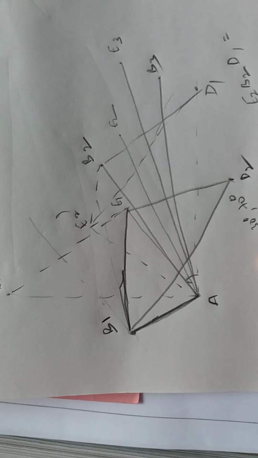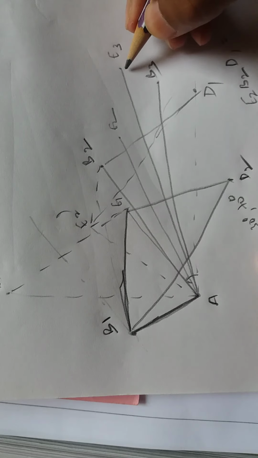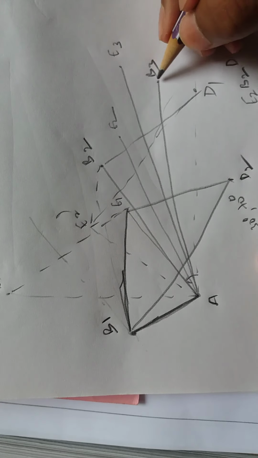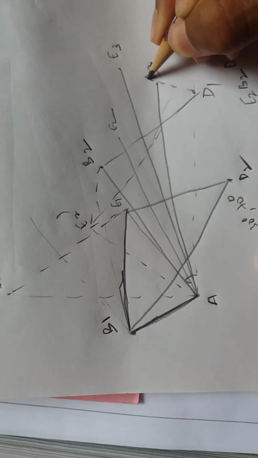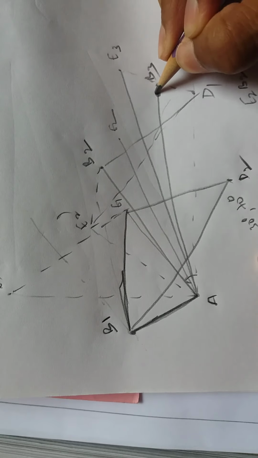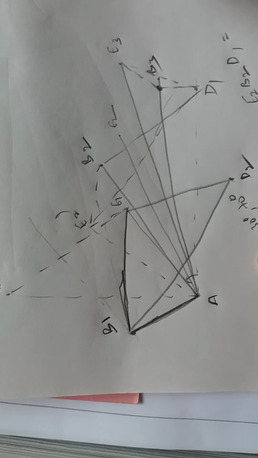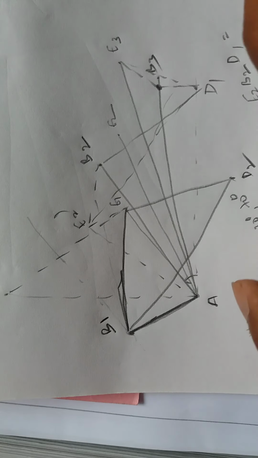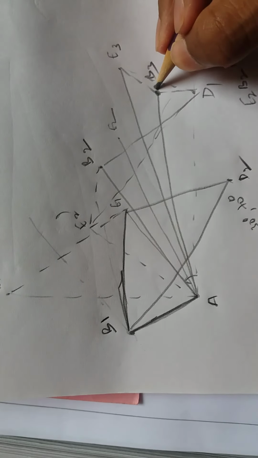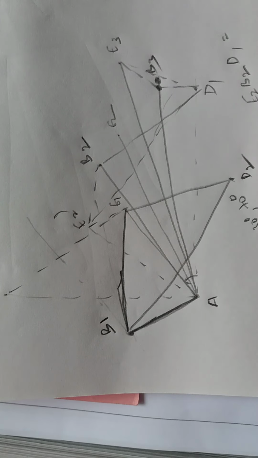Similarly, join E3 B3 and D1 and you will get a triangle like this. As this is not the exact dimension, I will show the actual diagram after the completion of the procedure, so that we get a better idea.